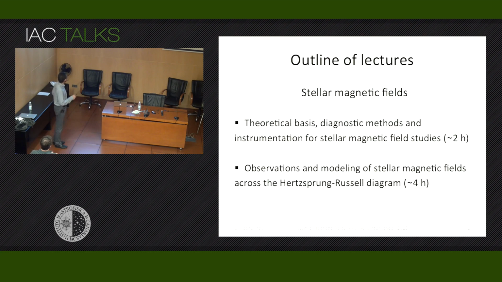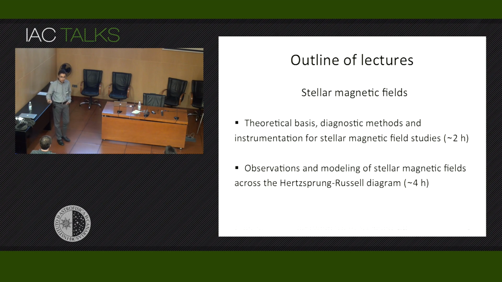All right, so this is a rough outline of what I hope to go through during the 6 hours that I have been allocated. So first I will spend about 2 hours on going through the basic physics that is necessary to understand how we measure and model magnetic fields in stars.